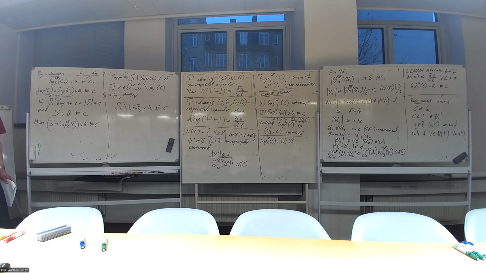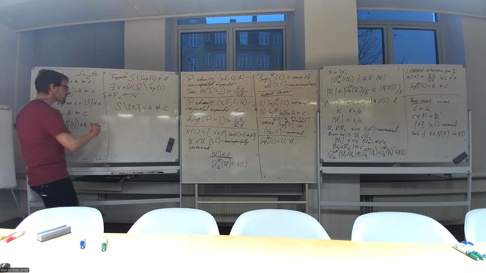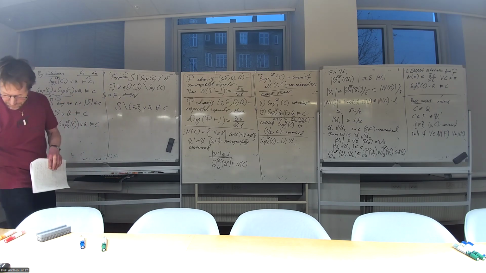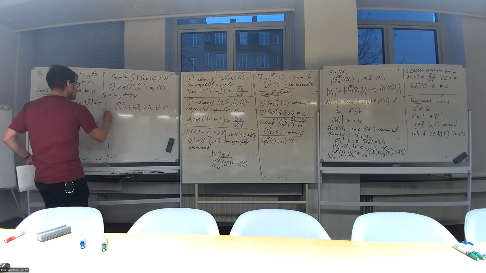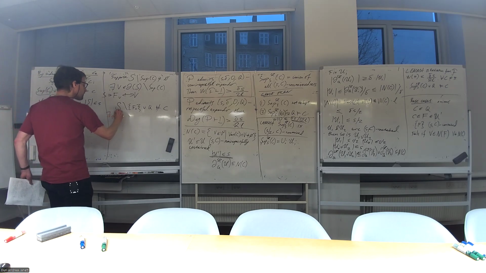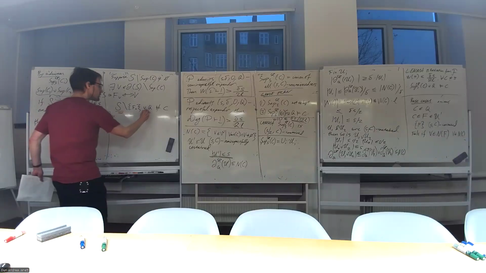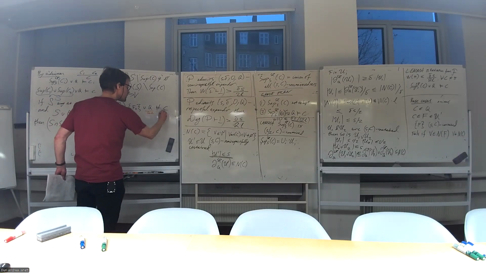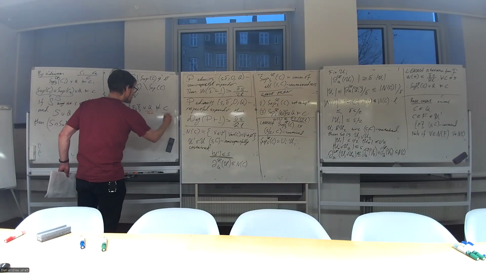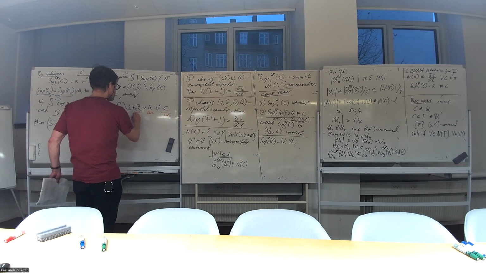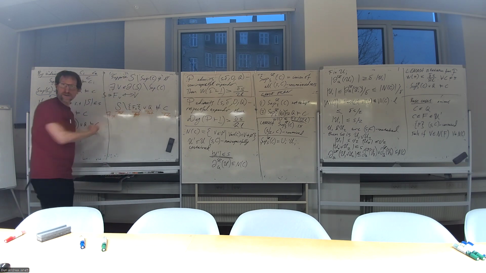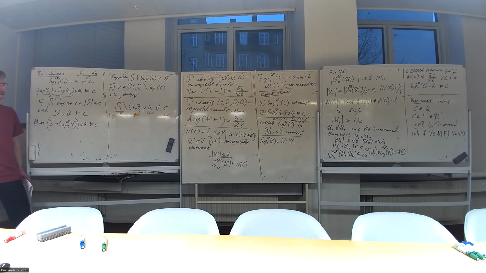Okay, what am I going to do now? So that means that there is an alpha that satisfies this, falsifies this, and falsifies this. Because otherwise it wouldn't be a non-implication.